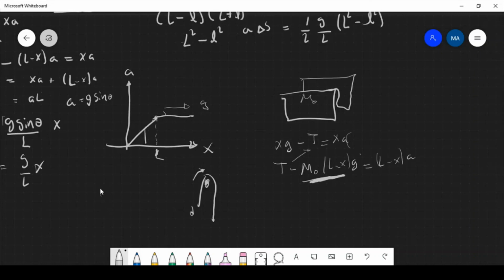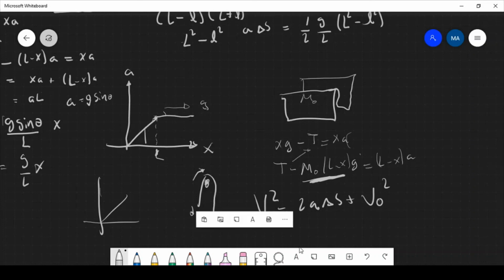Once you isolate a, you will find that it's a linear function from 0 to L. It goes up linearly, and then it's constant, so you can find the graph, and then you can use that v squared is equal to 2 a delta s, and if you are given an initial velocity, you just add it over here. Okay, so this is it.